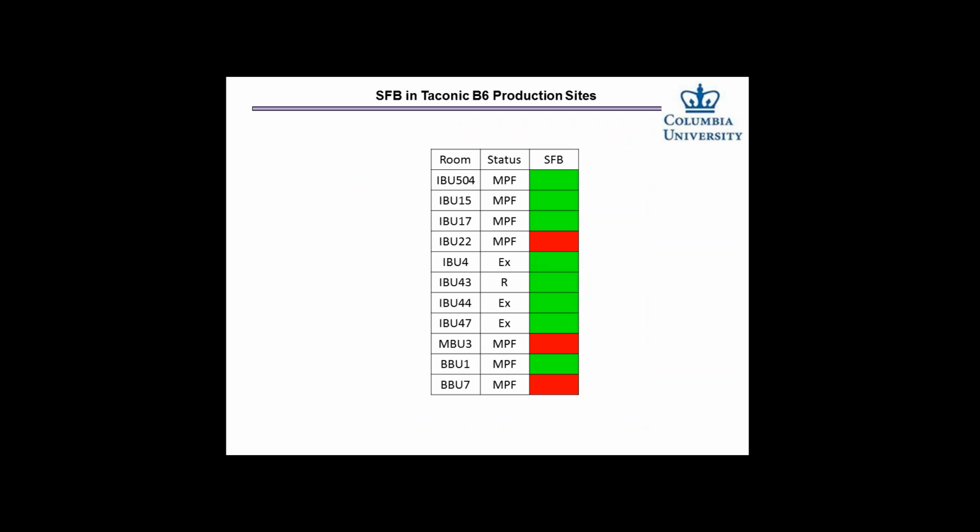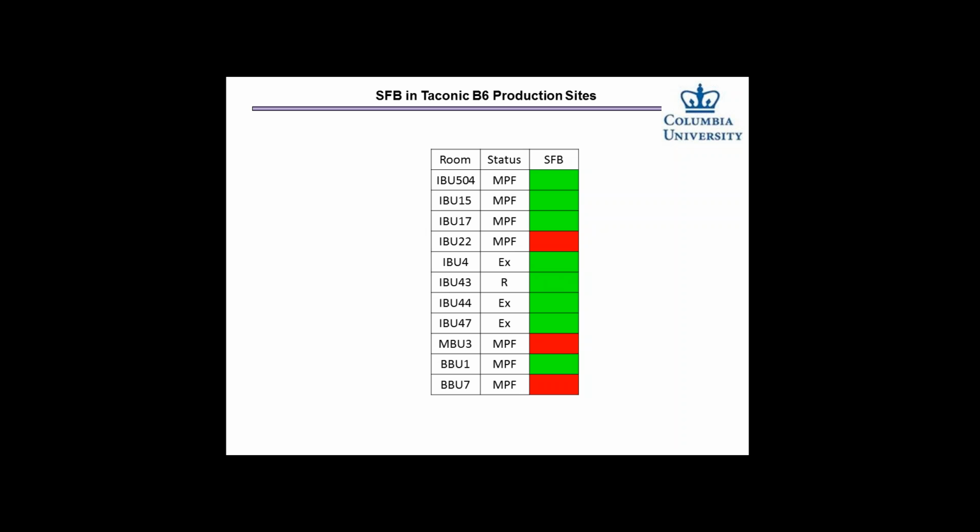The point I wanted to make with this slide is that the source of the animals, such as the vendor, does not necessarily equate to the presence or absence of the bacteria, in this case SFB, even though in our experiments we were ordering them from Taconic. It just so happens that it was one of the rooms that has SFB.